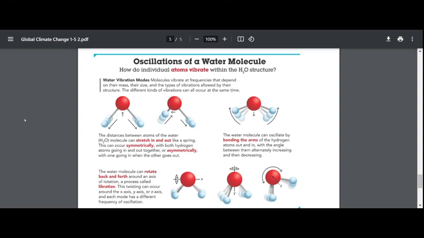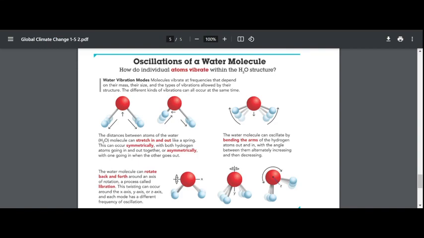The distance between atoms of the water molecule can stretch in and out like a spring. This can occur symmetrically with both hydrogen atoms going in and out together, or asymmetrically with one going in when the other goes out.